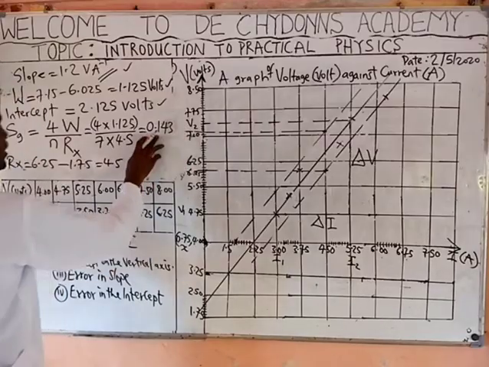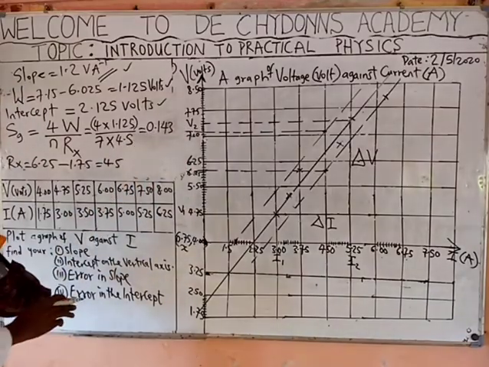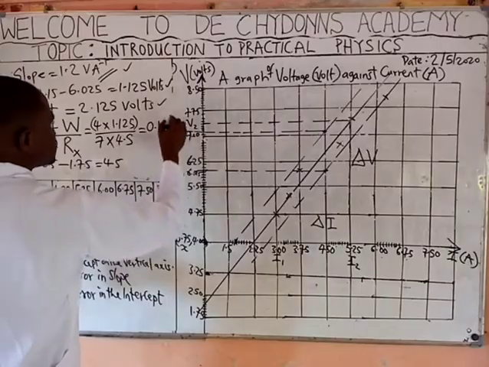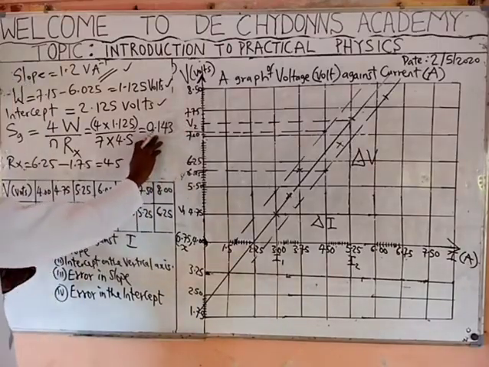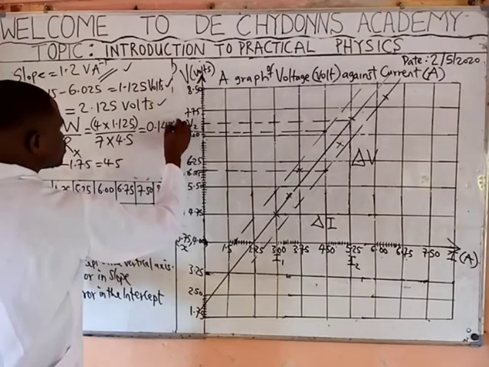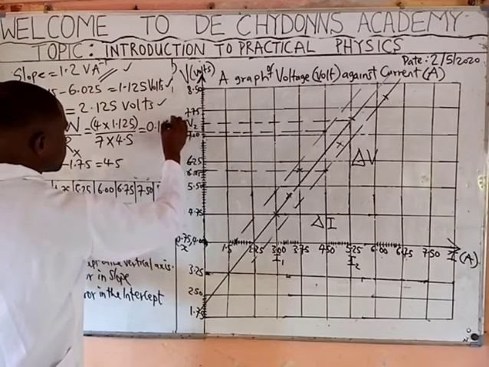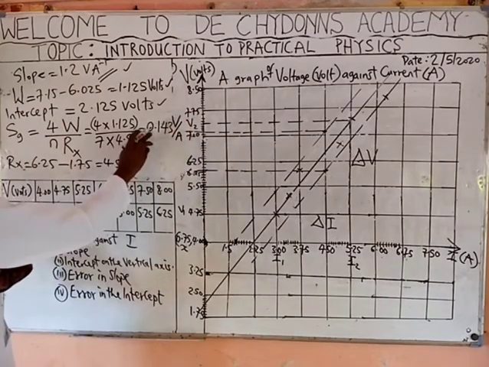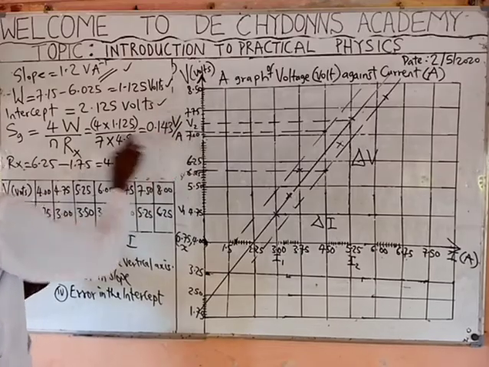Now, this is our error in the slope. And what is the unit? Since it is error in the slope, the unit will be volt per ampere. So 0.143 volt per ampere.